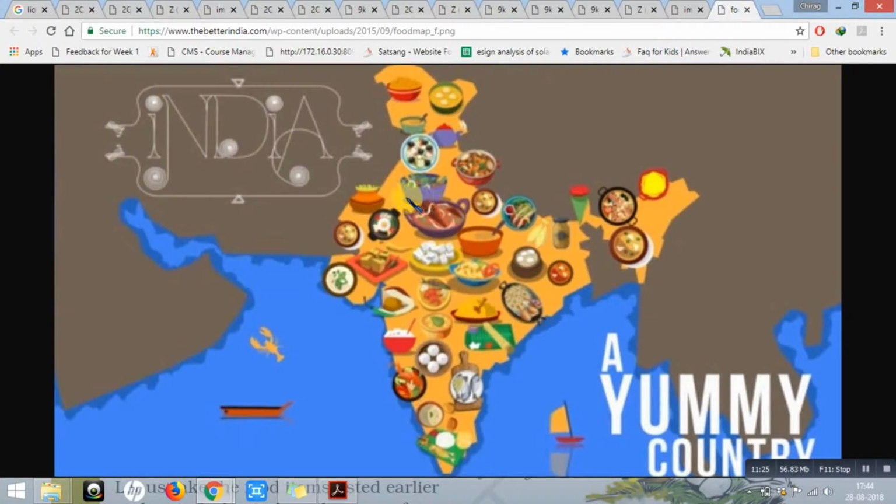Where plants are there, in the northeastern part in the bed of Ganga, you will find all the vegetables.